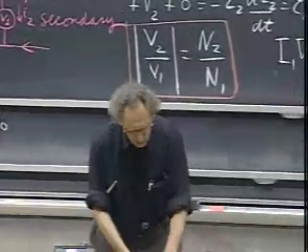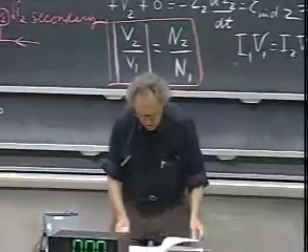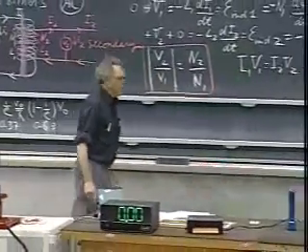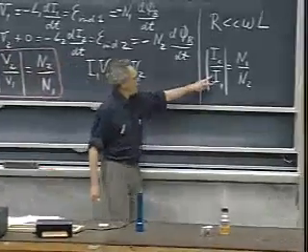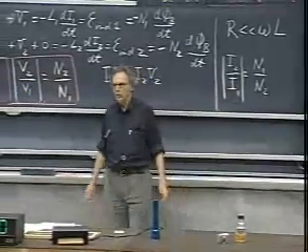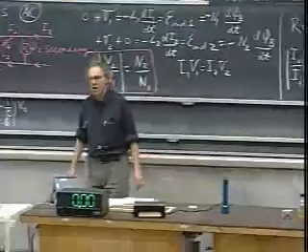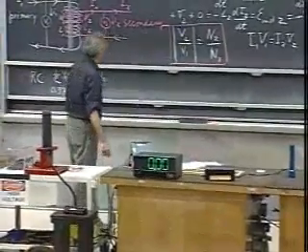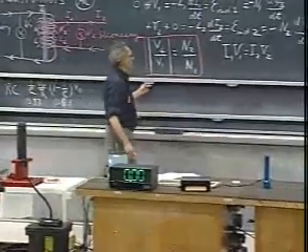Now I want to do a second part, and that is more interesting. I'm going to try to convince you that I can get a secondary current which is huge, maybe even 1,000 amperes. But now I have to take special precautions. I have to do the experiment in a very different way.